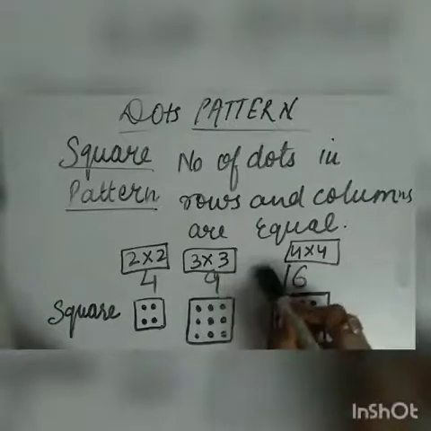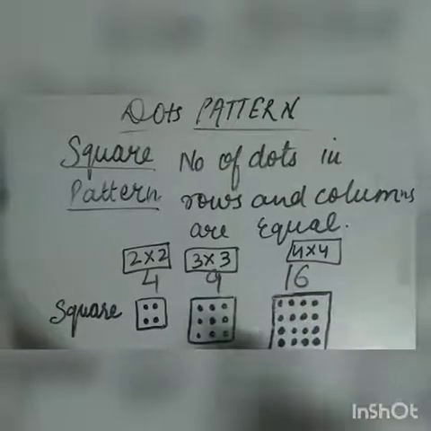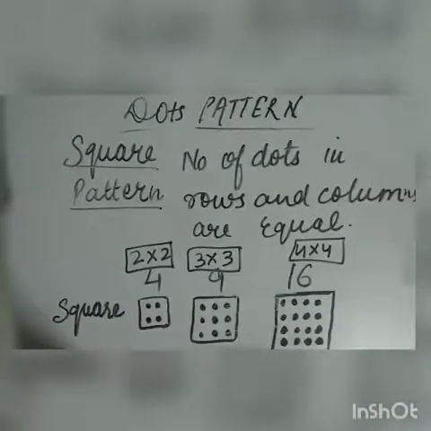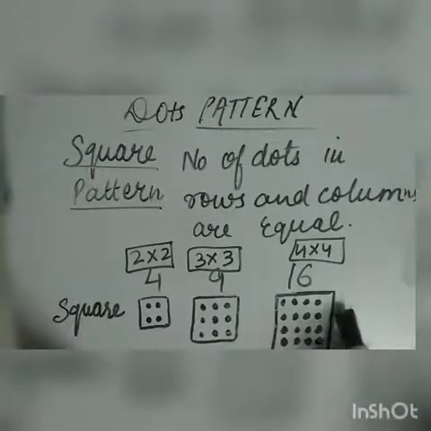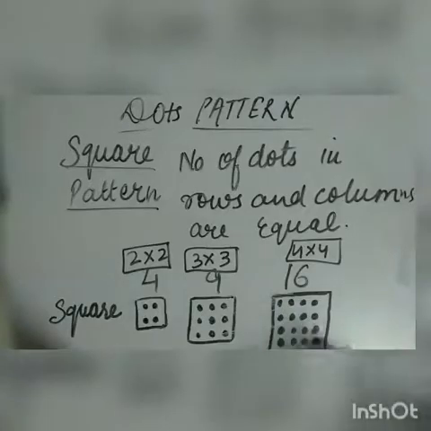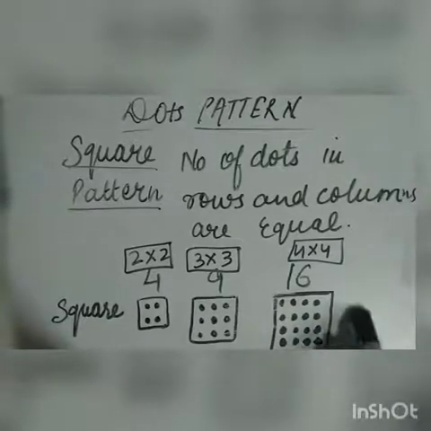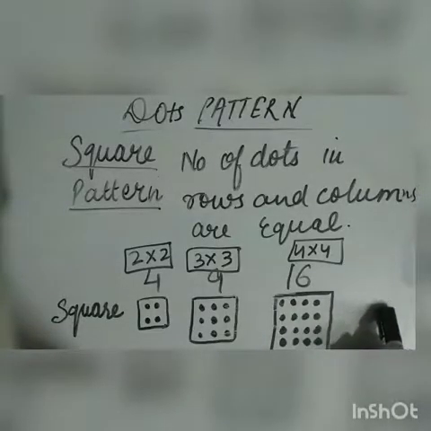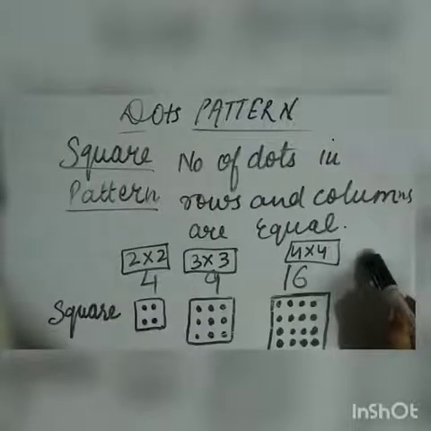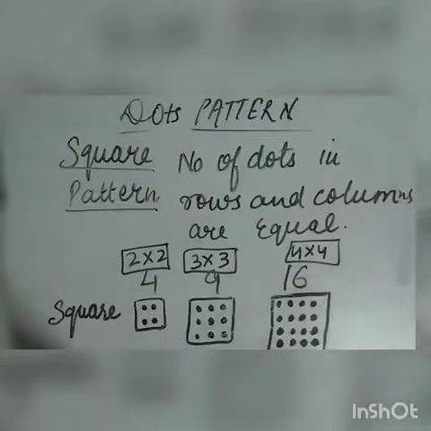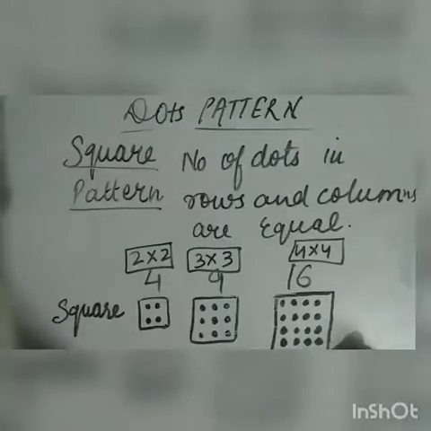So, there are 9 dots in this pattern. There are 4 rows and 4 columns, and there are 4 dots in each row and each column. So 4 multiplied by 4 is equal to 16. So 16 dots are there in this pattern.